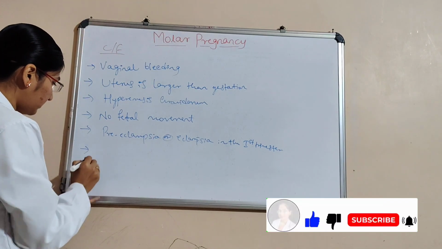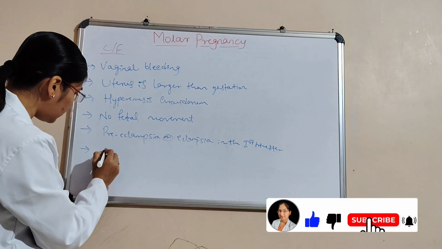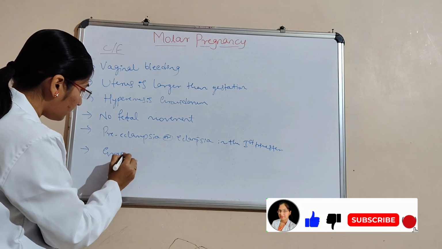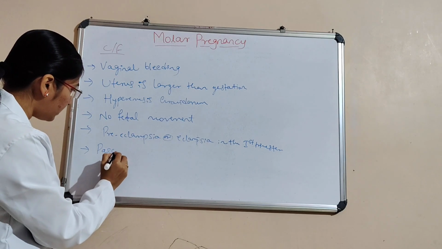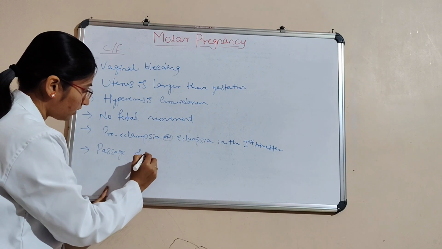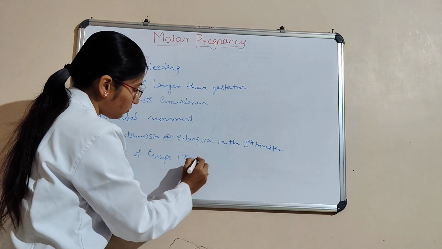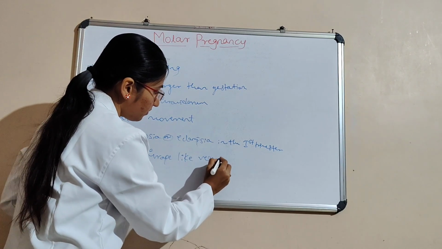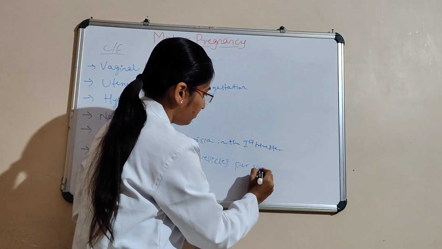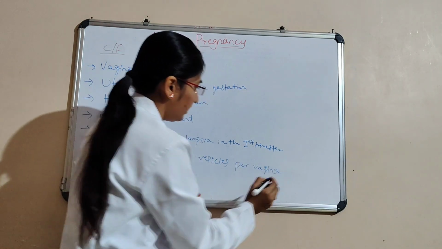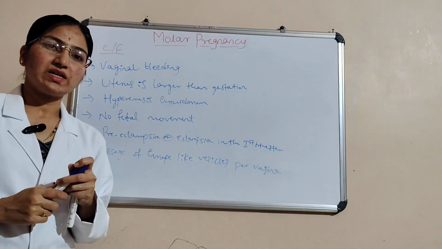And then grape-like vesicles we can see, passage of grape-like vesicles per vagina you can see. These are the clinical features for molar pregnancy.